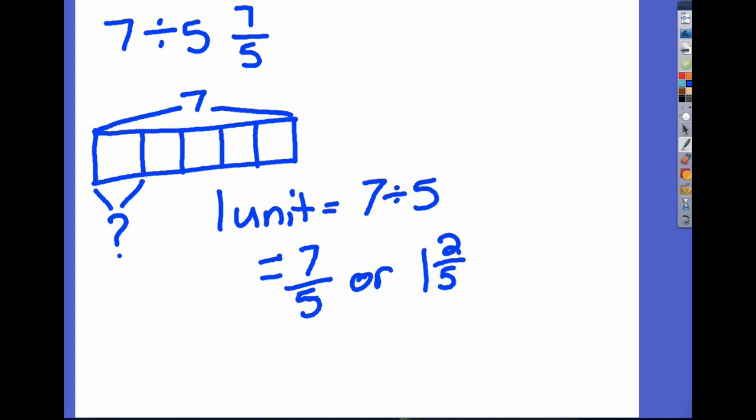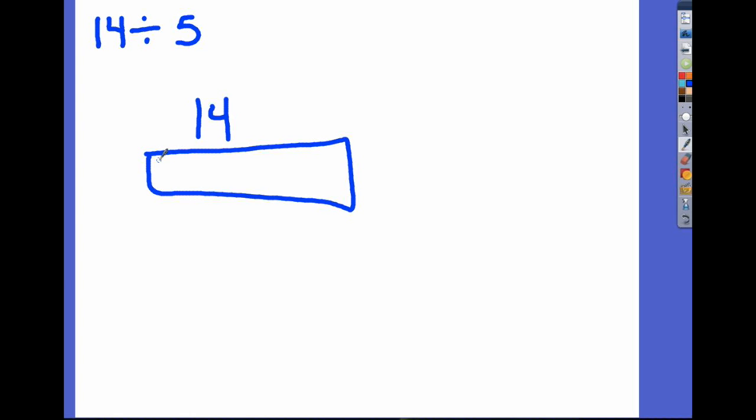Think about it this way, guys. On D, it says 14 divided by 5. Think about it this way. 14 divided by 5. Okay? When you say to divide by, draw the box. That way you know.